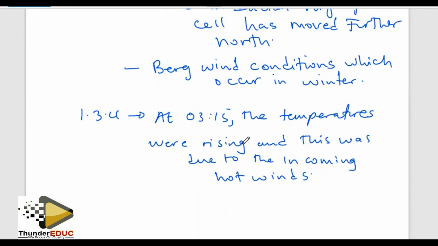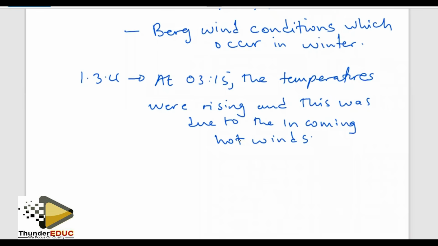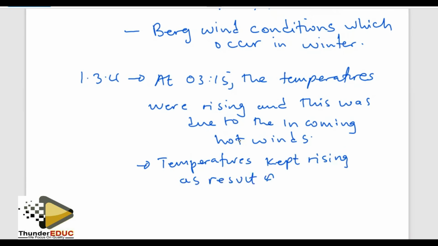which are the berg winds. And as well, we could say the temperatures kept rising as a result of adiabatic descending wind.